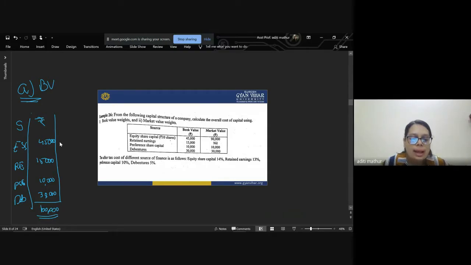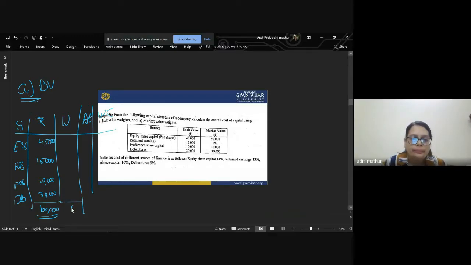Now let us calculate the weights, and then we will be calculating after tax, and over here we will be having our weighted cost, right?